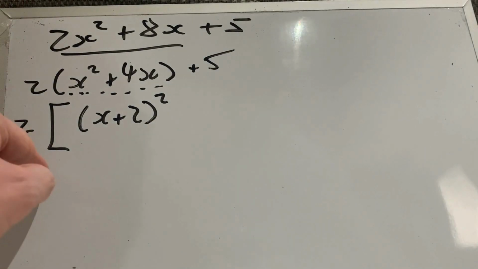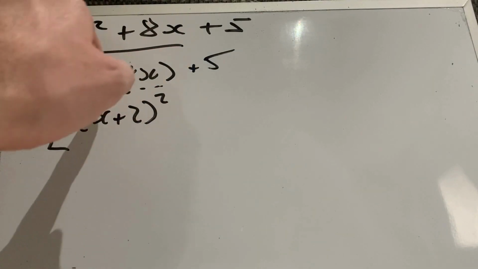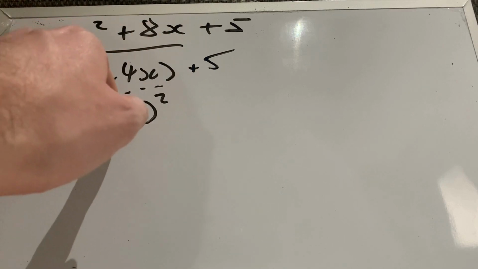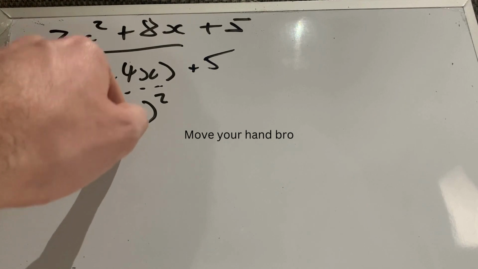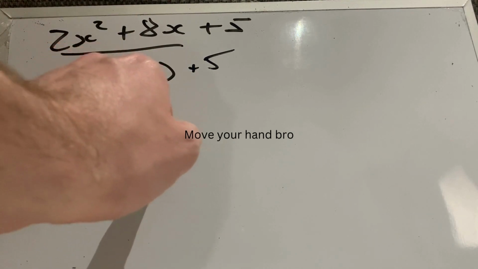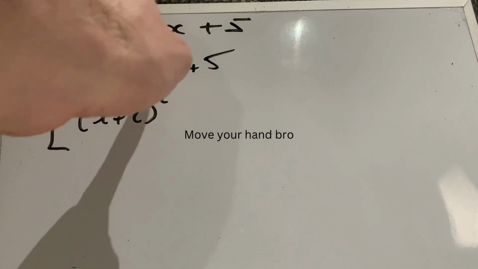But this does not equal this. x plus 2 squared is x squared plus 4x, and then at the end we have a plus 4. So we've actually got 4 too many compared to what we've got here.